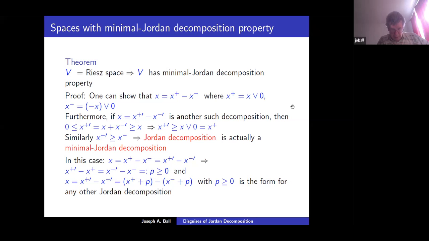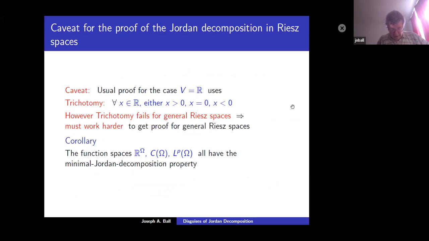Namely, you take x plus to be the supremum of x and 0, and you take x minus to be the supremum of minus x and 0. And then you get x written as the difference of positive elements. And furthermore, if there's another such decomposition, you get the minimality property.